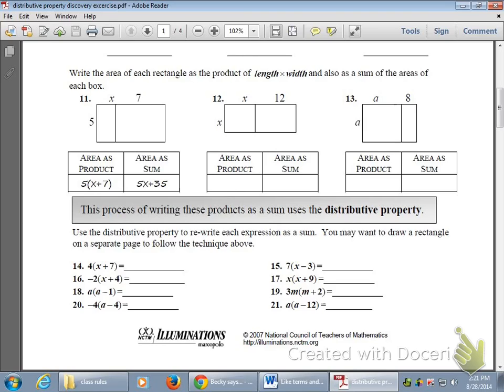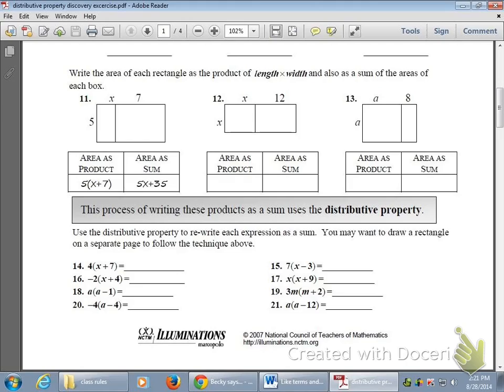All right, here we go. I've got 10 parentheses negative 9 plus 5n.